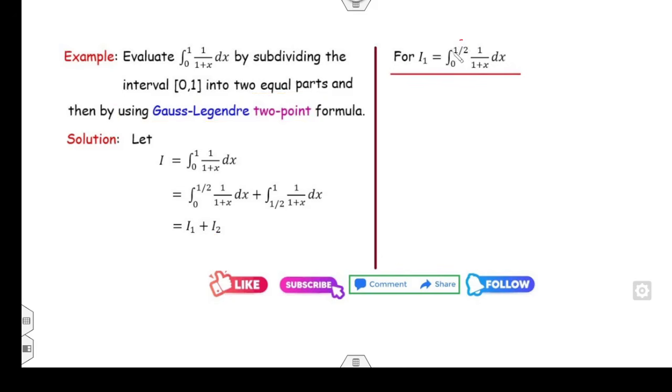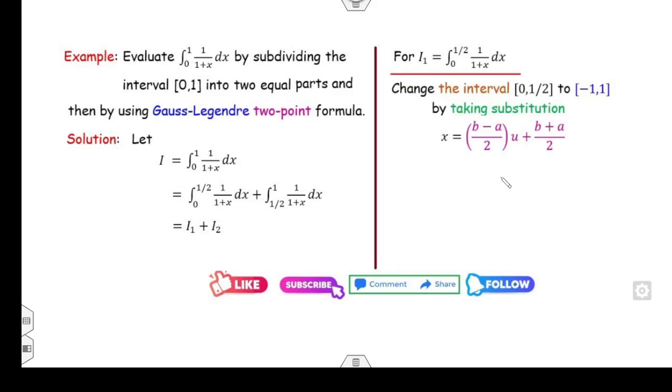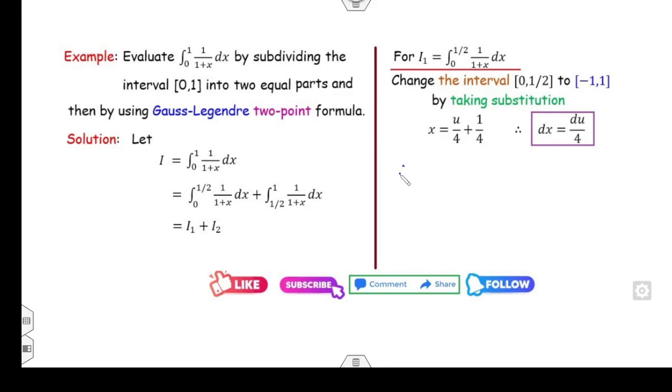Again, the domain is not standard; in this case, a will be 0 and b will be half. So I can use this substitution: (b minus a) over 2 into u plus (b plus a) over 2. So the answer is 1 over 4 into u plus 1 over 4. Therefore, dx will be 1 over 4 into du.